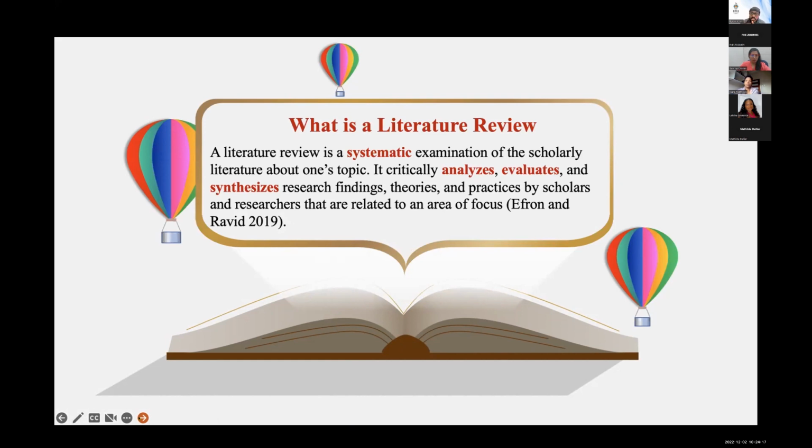It is supposed to help us to analyze, evaluate, and synthesize research findings. It's a place where you bring all the different theories, different practices, different techniques in one place, and you do an assessment of them. And you may say, but I'm done, I've done that, so my literature review is done. As we'll see later on, there are other elements that we need to include in our literature review.